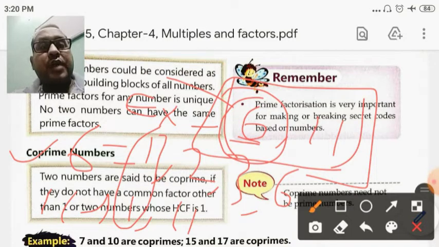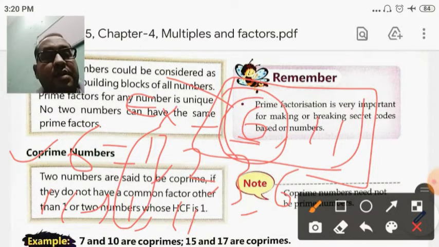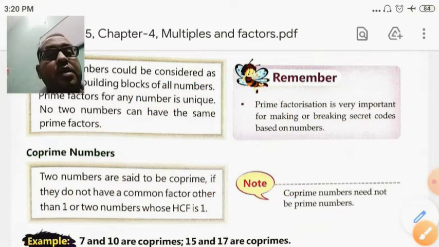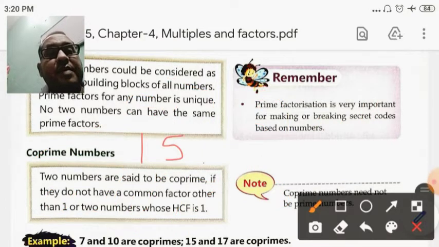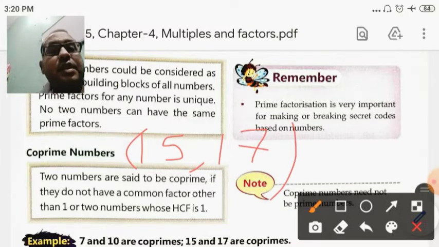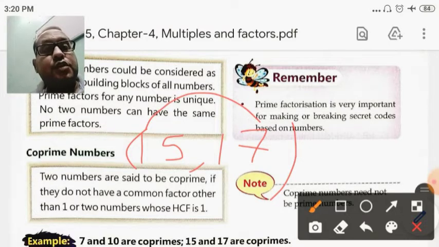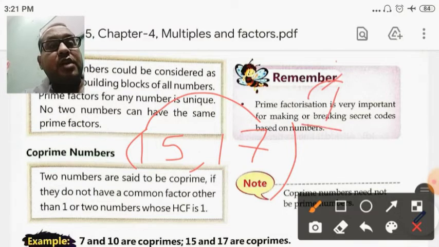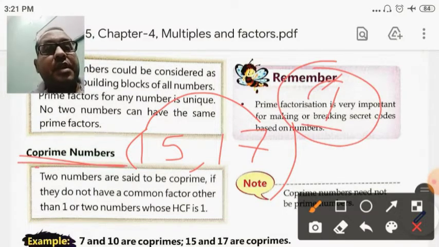We have to check only that the only common factor between these two numbers is 1. If I am writing 15 and 17, these are also co-prime numbers, but 15 is a composite number and 17 is a prime number. When we check the common factor between these two, it is only 1, so they are co-prime numbers.